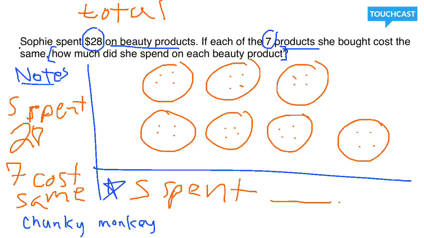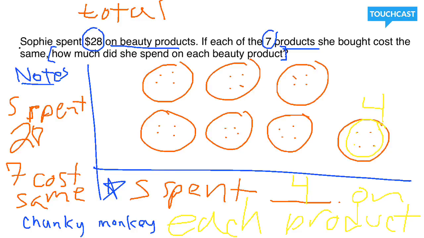Awesome. Now, they cost 28 total, so now let's see how much each one cost. 1, 2, 3, 4. So she spent $4 on each product. Make sure to finish your answer sentence. Awesome work, everybody. Thanks for listening. Bye-bye.